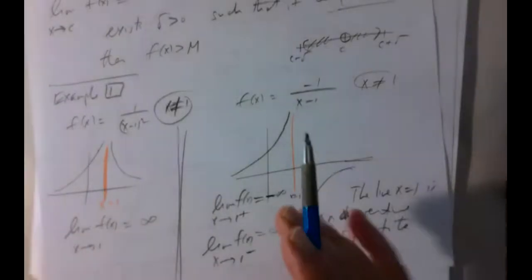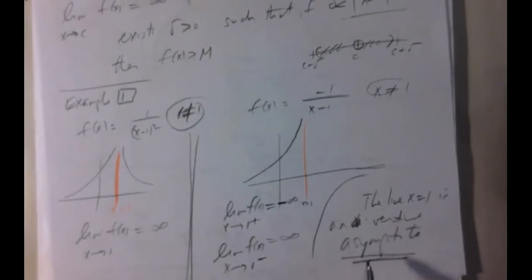A vertical asymptote for a function is a vertical line at x equals c, where the limit of f of x as x approaches c from one side or the other side or both is plus infinity or minus infinity, either one or in any order. So that's what a vertical asymptote is.